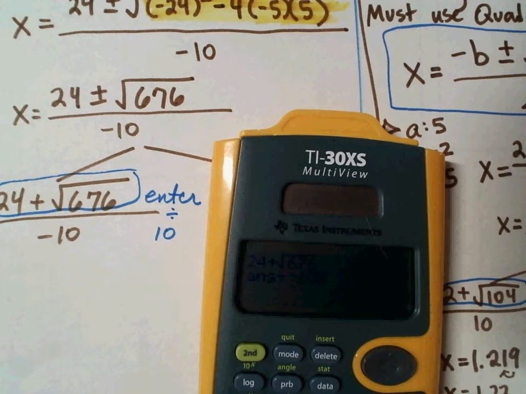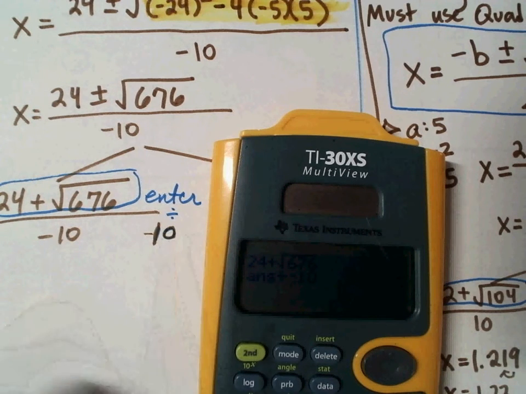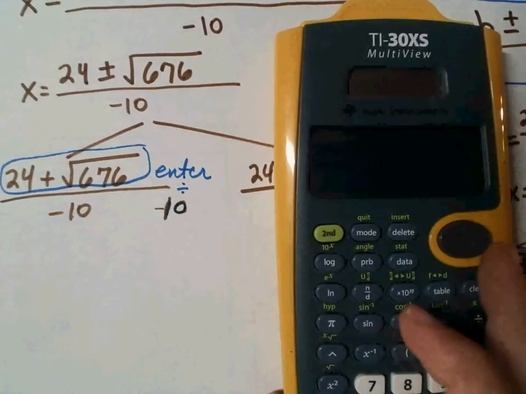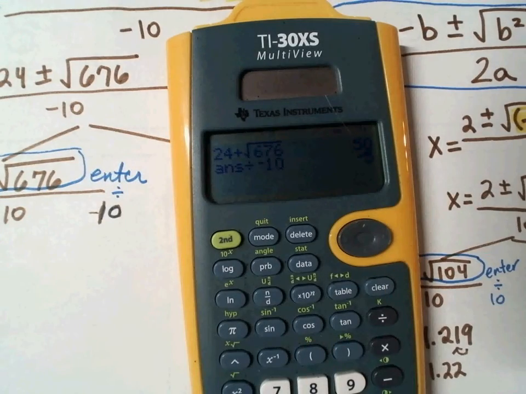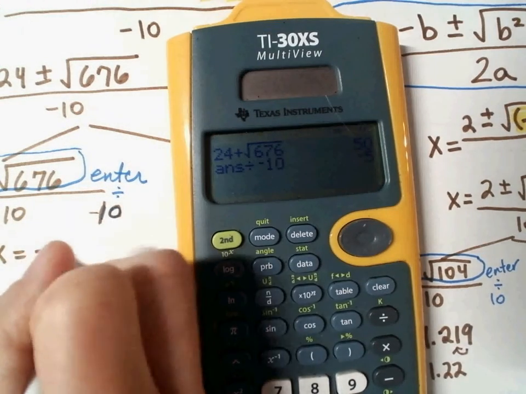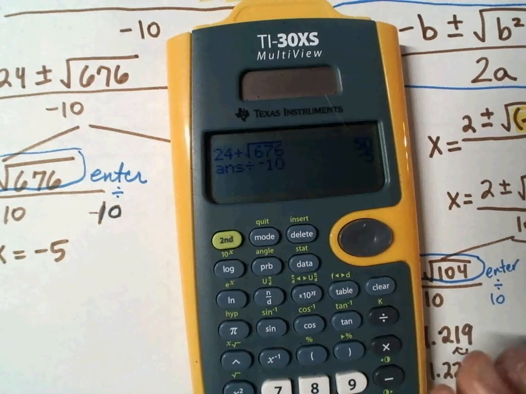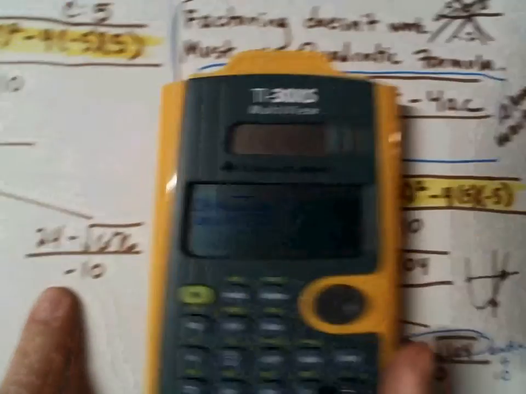Ooh, this is going to come up with a nice number. Whoops, I said enter divide by 10, but it's divide by what? -10. Make sure you do -10. Did anybody get a nice integer? -5 for an answer? Okay, so the first one, it crosses at -5. And then let's see what this one gives us.